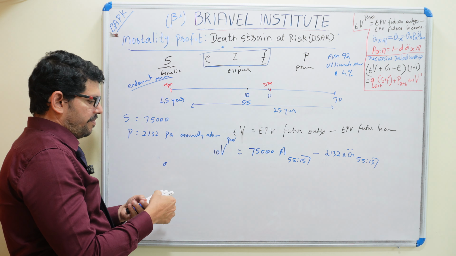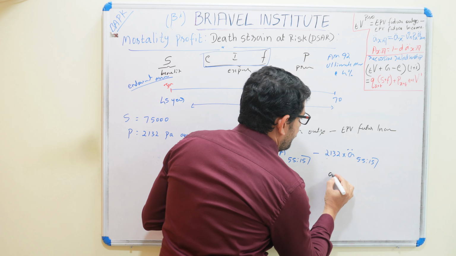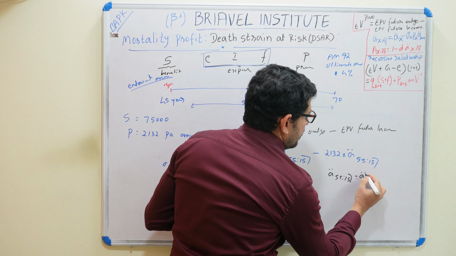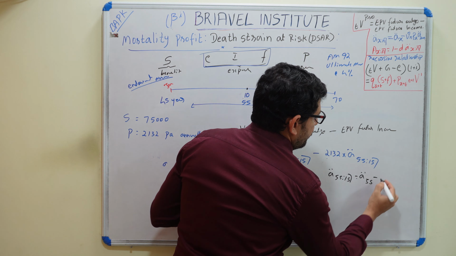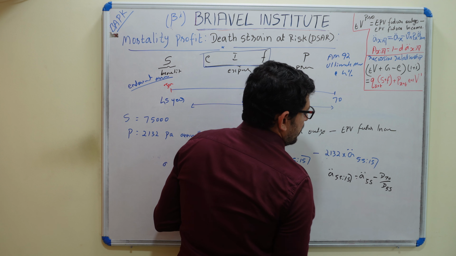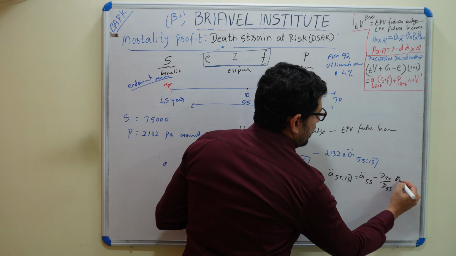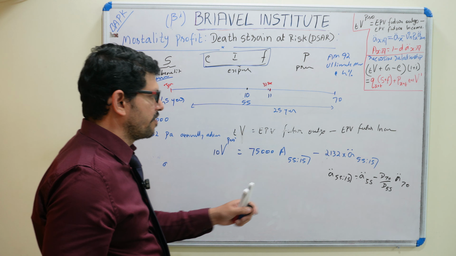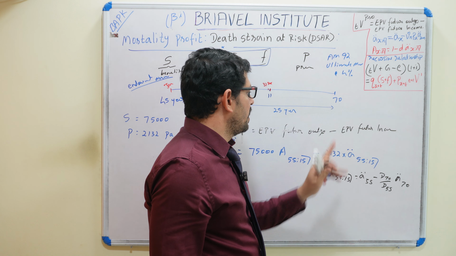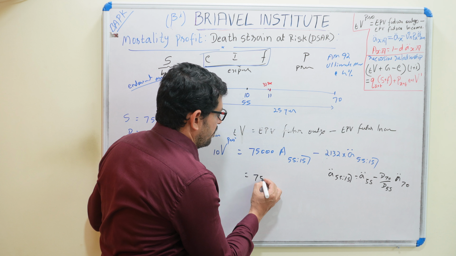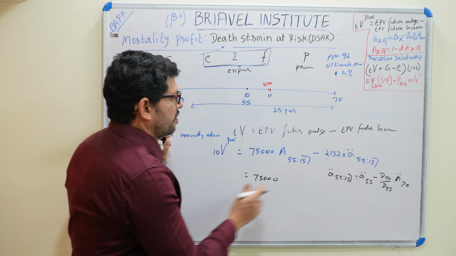So A55:15 is calculated as A55 minus D70 divided by D55, then A70. This is a formula we can use, and the values are taken from the table.